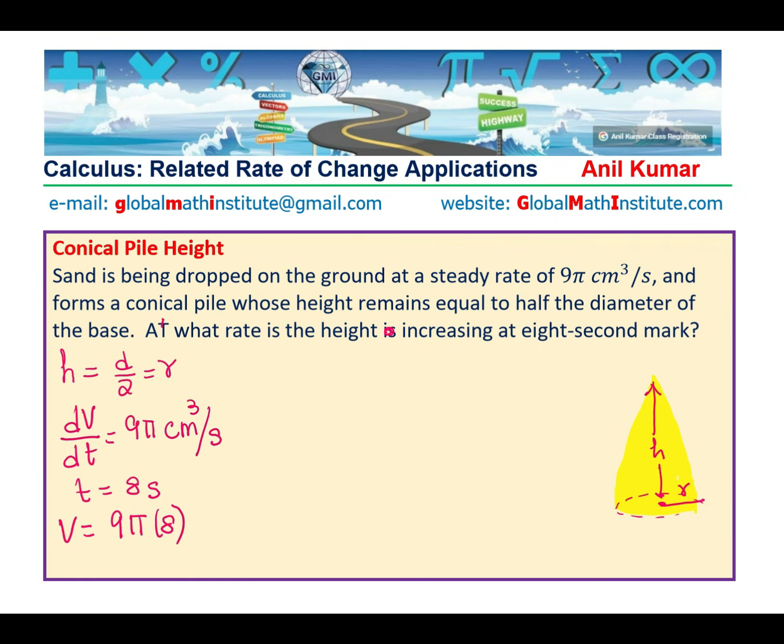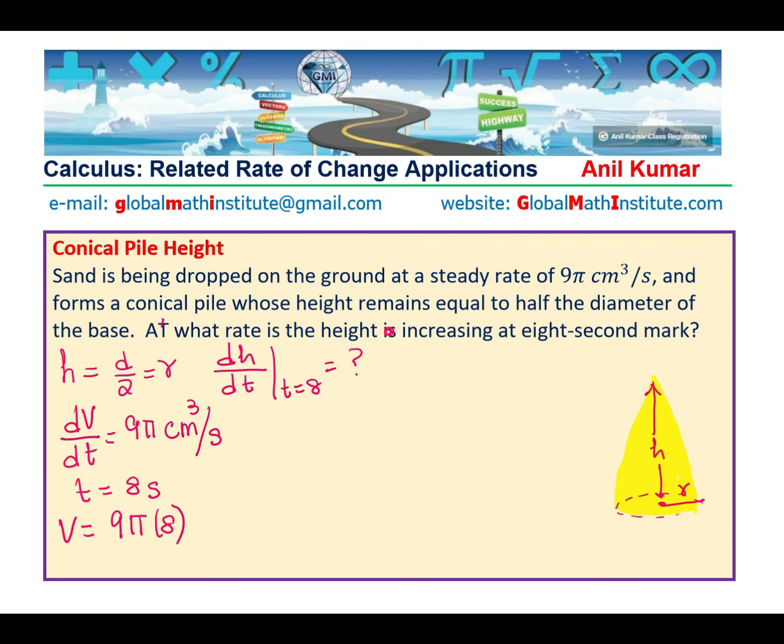So that is going to be the volume when we are interested in finding at what rate the height is increasing. So we want to find the rate of change of height with time when t is equal to 8. So this is what we need to figure out. I hope the situation is absolutely clear, right?